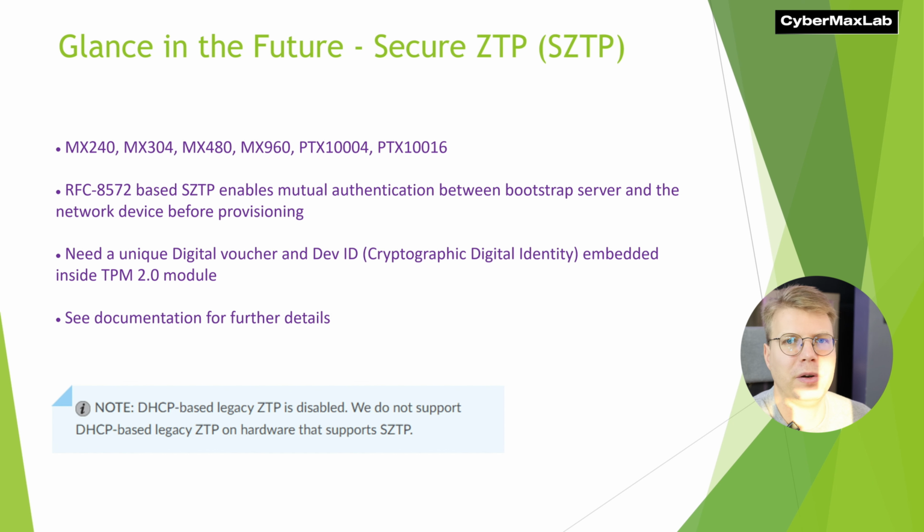So let's first of all cover what the limitation of the regular ZTP is. In the regular ZTP, as I mentioned, the repository is authentication-less. It means it does not require authentication for someone who is connecting to get an image or the configuration file.